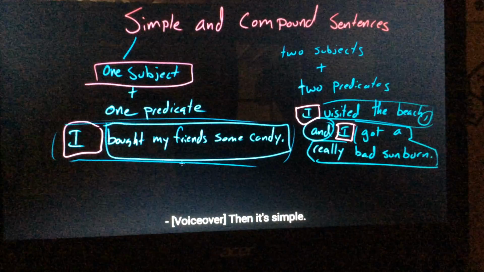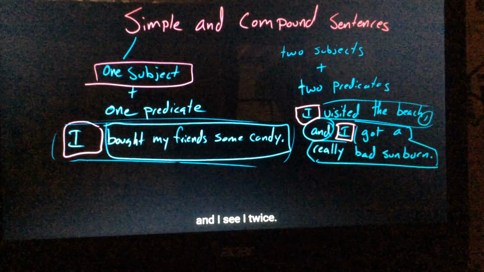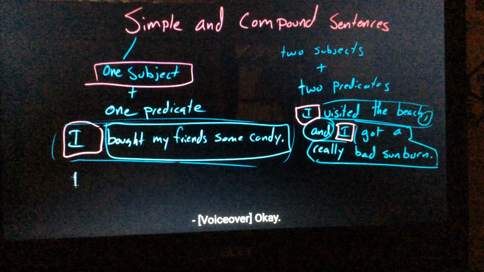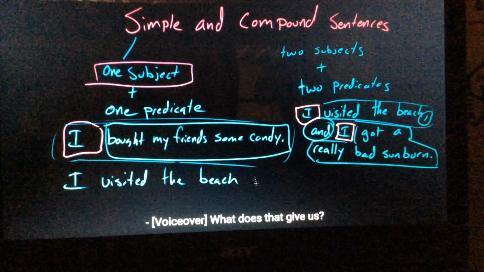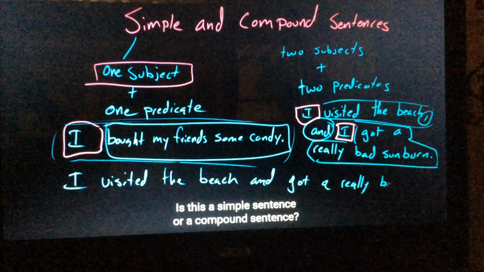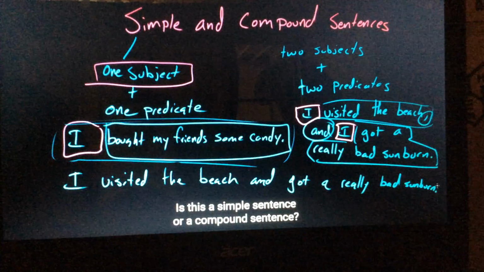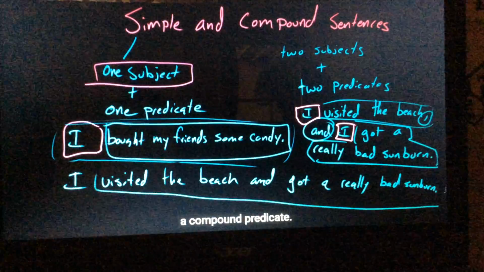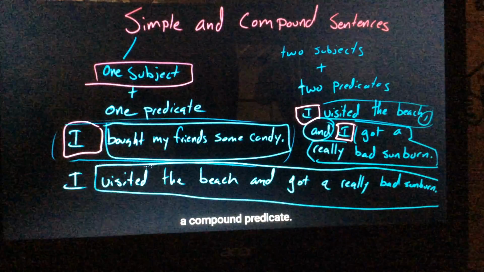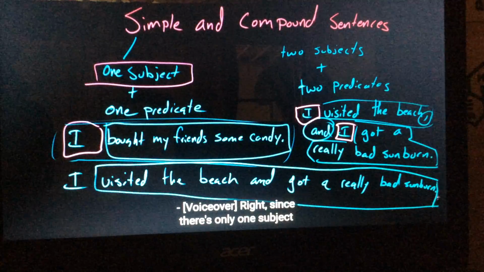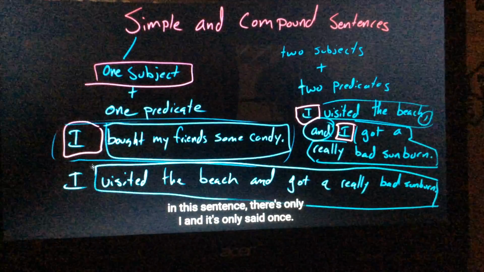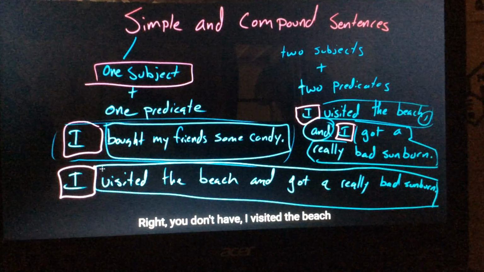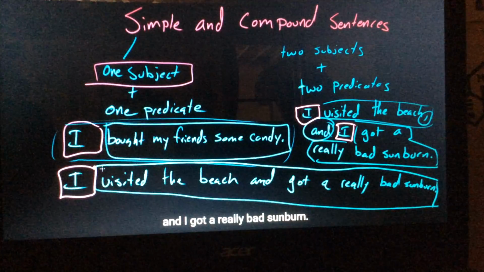So Paige, I'm looking at this and I see I twice. What if I wanted to condense this sentence further? Is this a simple sentence or a compound sentence? Because this looks like what you would call a compound predicate. Right. Since there's only one subject in this sentence, there's only I, and it's only said once. You don't have I visited the beach and I got a really bad sunburn.